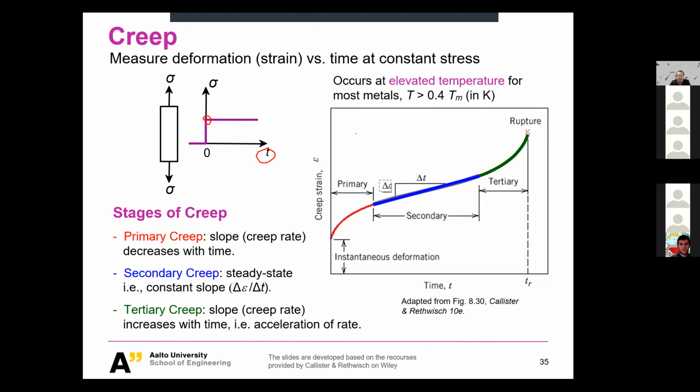If you look at this diagram, this is the strain, and this is time. You see, if you apply a stress, you will cause a certain deformation, and this is strain. If it is at low temperature, this strain just stays there, like that. But if the temperature is high, typically 40% of the melting temperature or larger, pay attention, this is in Kelvin.